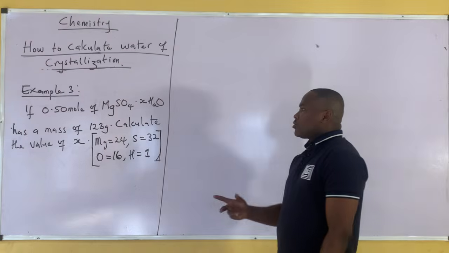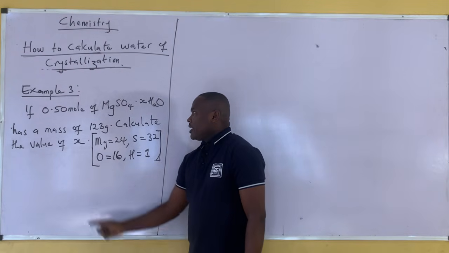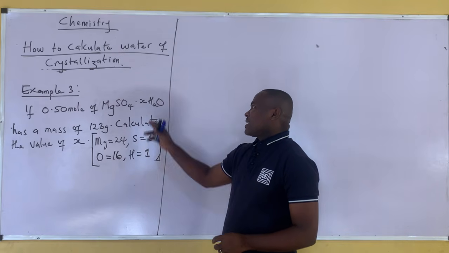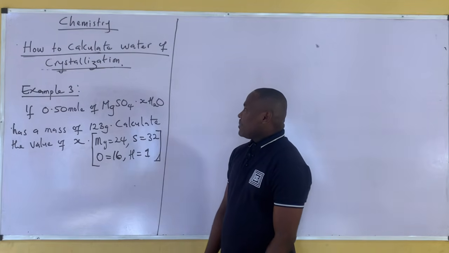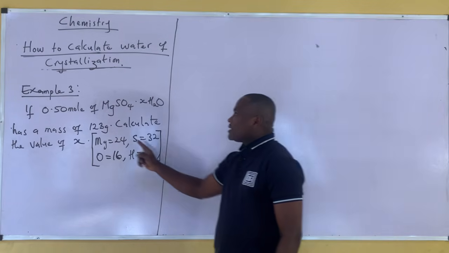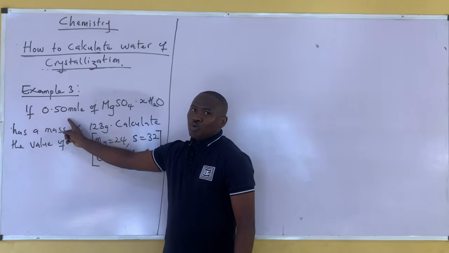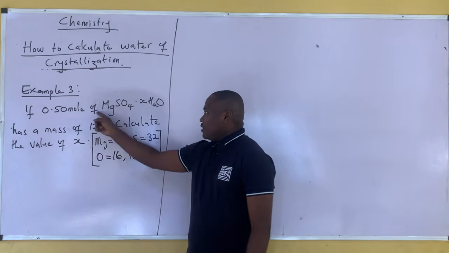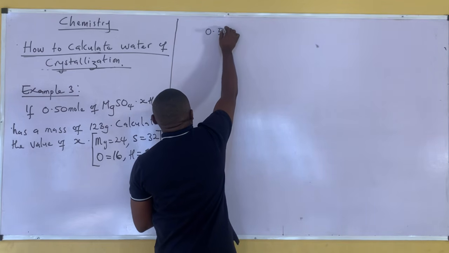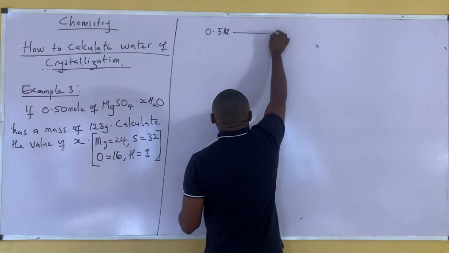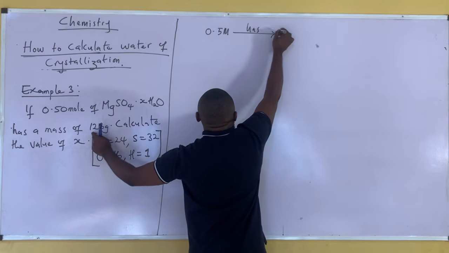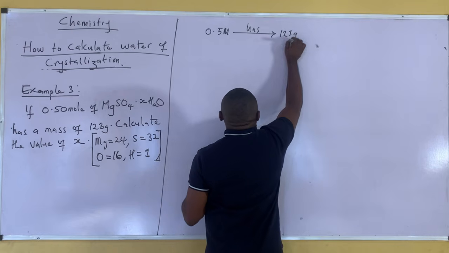Thank you. Now let's look at question number 3. Question number 3 says, if 0.5 moles of magnesium tetraoxosulphate(VI) xH2O has a mass of 123 grams, calculate the value of x. Now this is a very confusing question. Remember, this is not 1 mole. So because this is not 1 mole, we have to solve for a mole of this salt. So to solve this, I would say 0.5 mole has a mass of 123 grams.